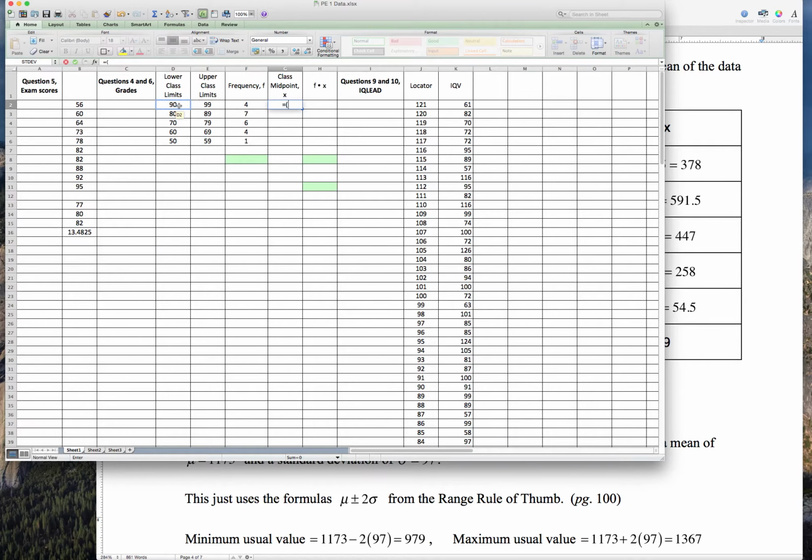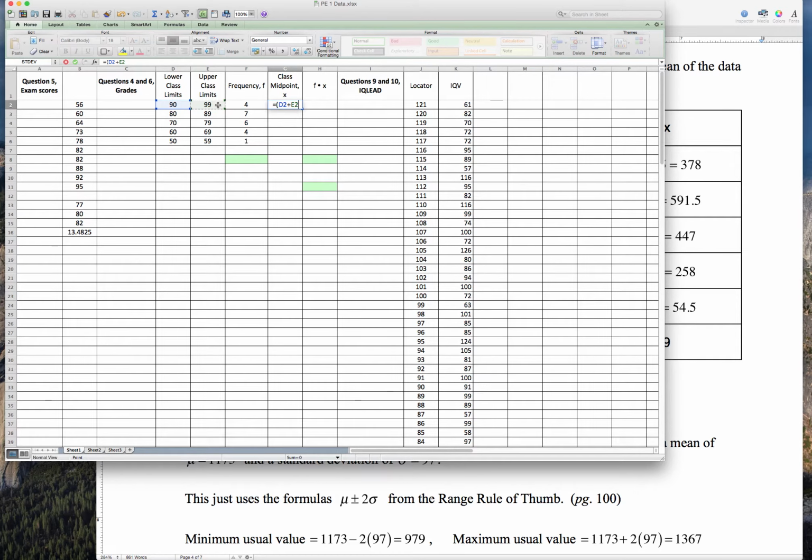So we're going to add 90 and 99, but we want to do this for 5 different cells, so it's going to be most efficient to select that cell. So I've selected D2. I could have typed it in, but in this case I chose to select it by clicking on it. And we're going to add, so we type plus. The upper class limit, this cell, which is E2, and so I click on that.